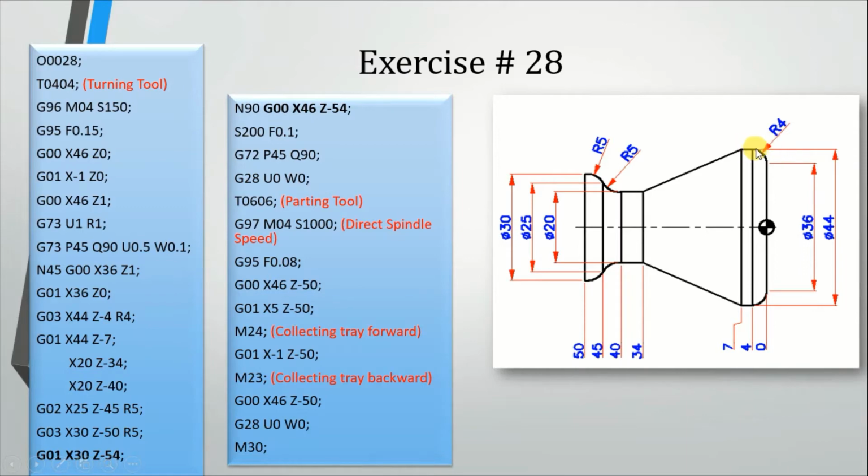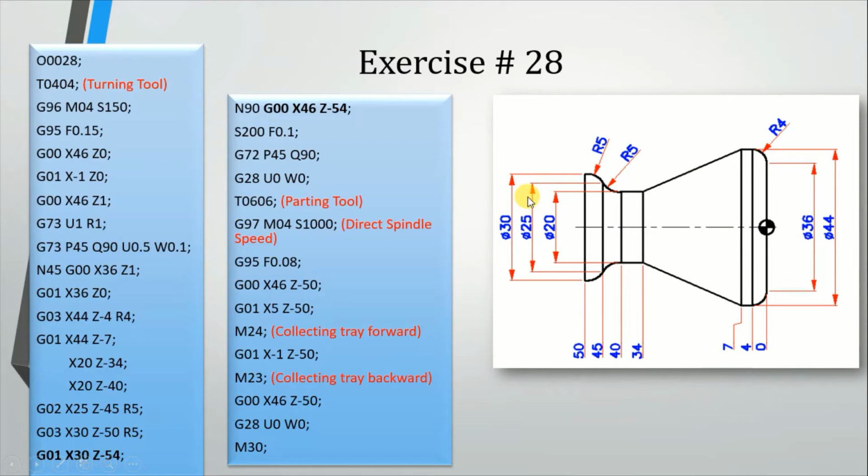And next line we have a straight line G01 X44 Z-7, and then again a straight line, no need to write G01, X20 Z-34, X20 Z-40. Now here G02 X25 Z-45 R5, and then G03 X30 Z-50. Now we are here, R5.